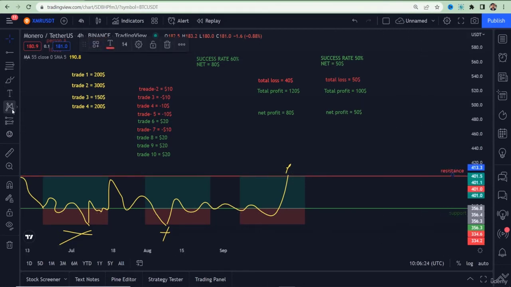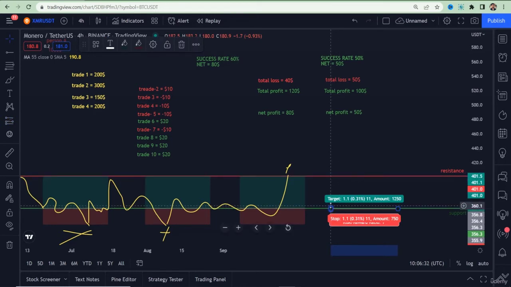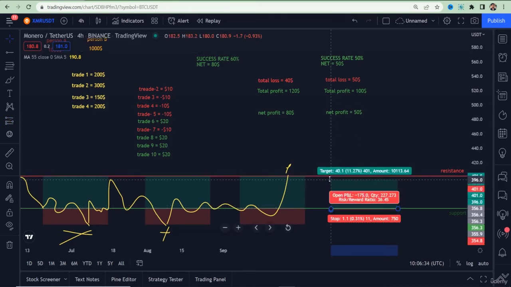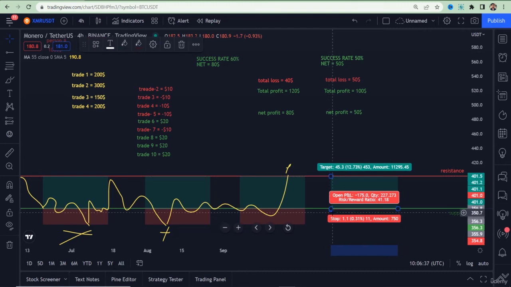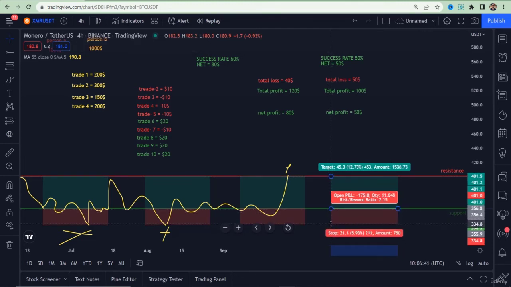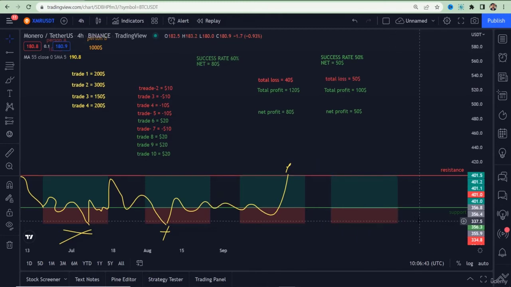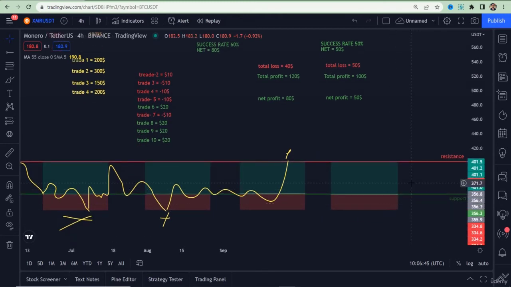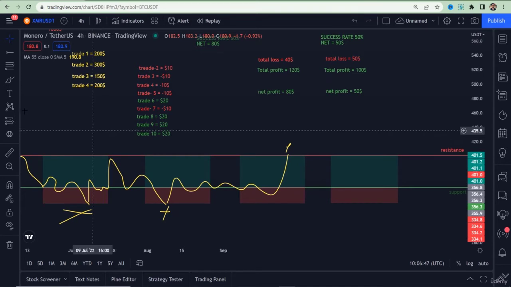Now what this person does is that he's emotional. He thinks of himself as a good trader, but he's not. He's not even using a stop loss, let's say, or even if he is using a stop loss, he is emotion driven.